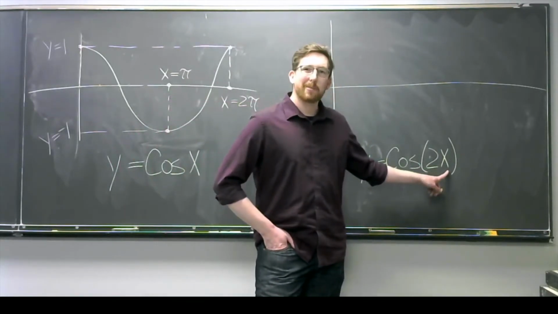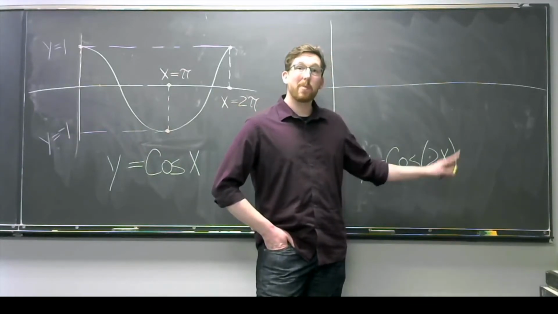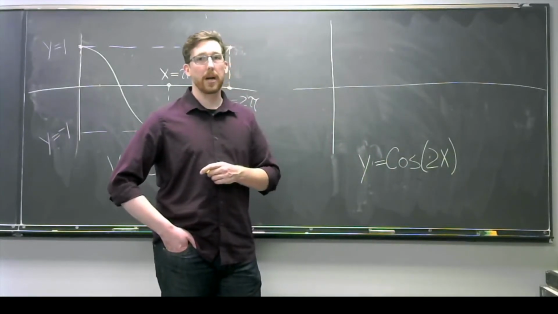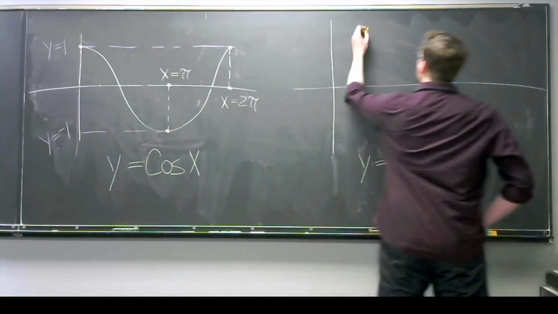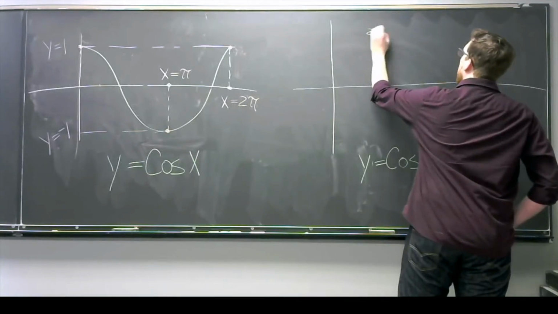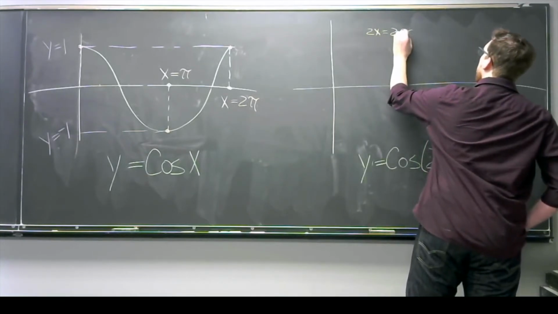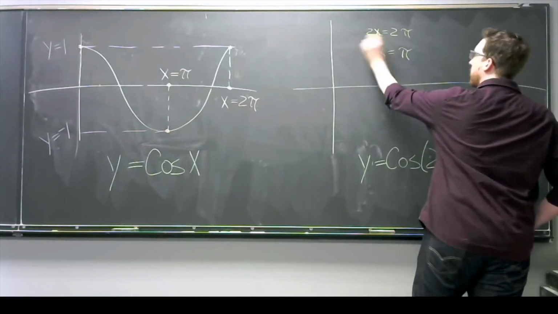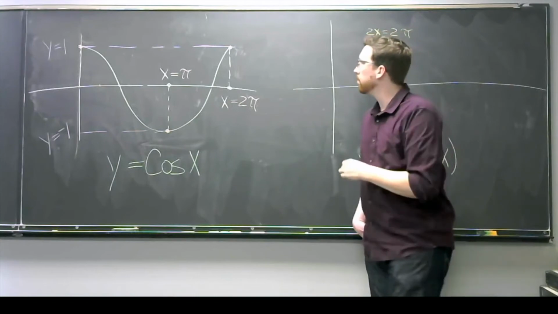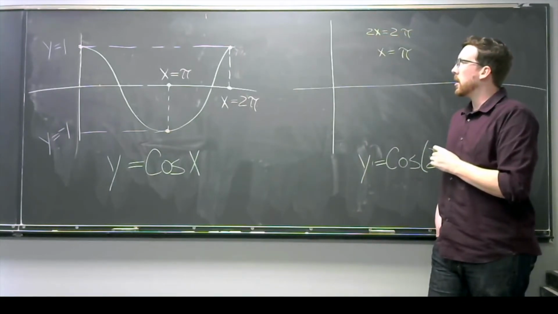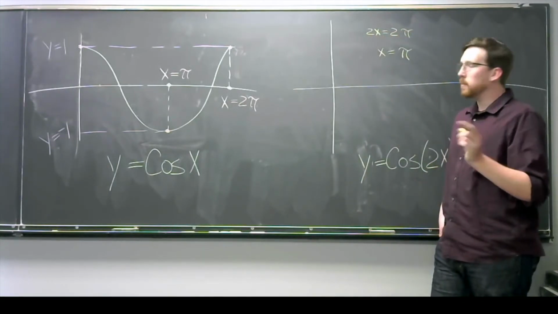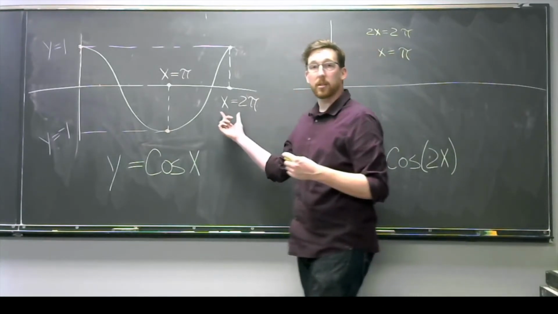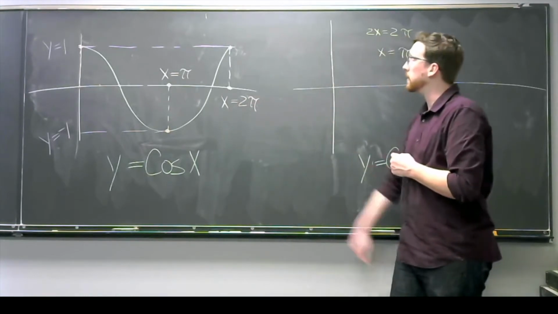And we know that 2 times x is going to be equal to 2 pi anytime x is equal to pi. So 2x equal to 2 pi, x is equal to pi, right? All I did is divide the 2 from both sides.